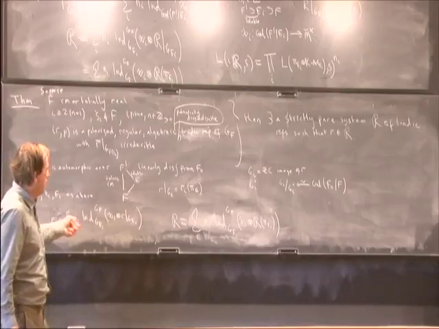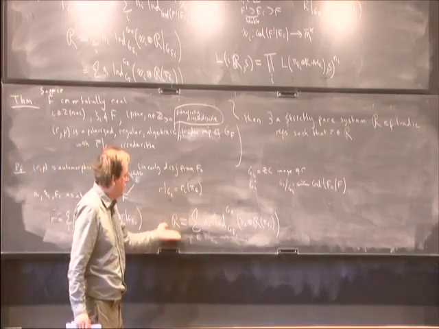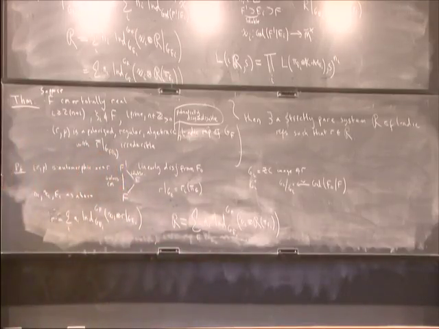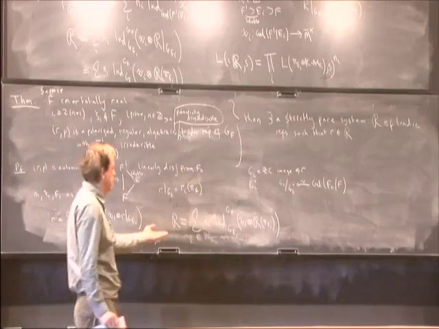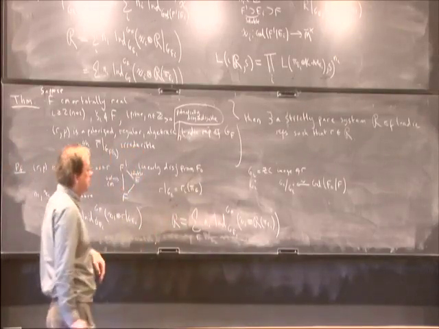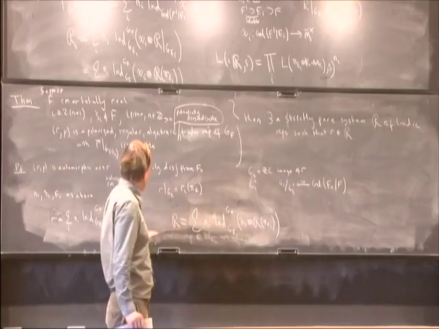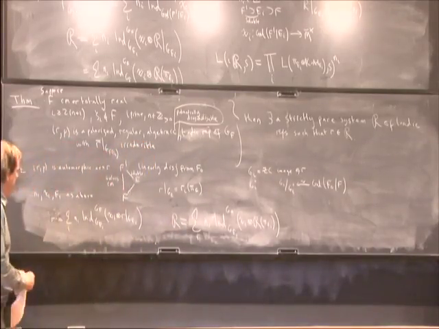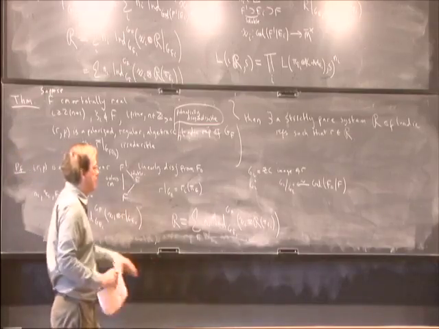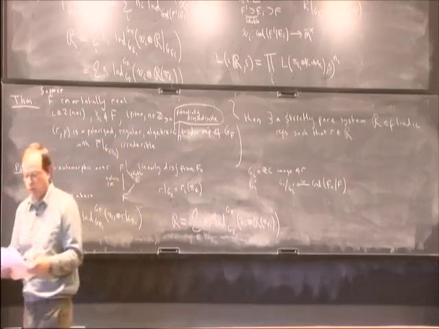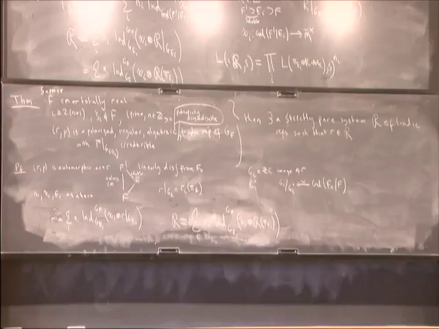So certainly r will be a member of this compatible system, but this is not really a compatible system of representations. It's a compatible system of virtual representations. And I know one element of it is actually a true representation, and I have to prove the other elements of it are true representations.